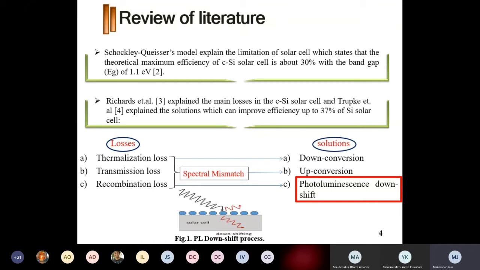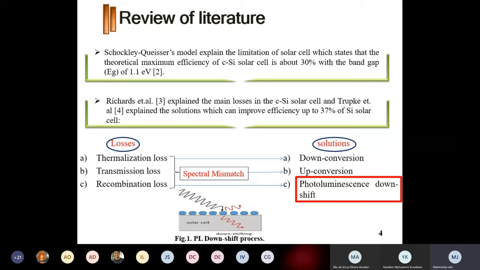And Trupke et al. explained the solutions of these losses, which are down conversion, up conversion, and photoluminescence downshift conversion, respectively. Here we will focus on the recombination loss, which can be overcome by the photoluminescence downshift method.